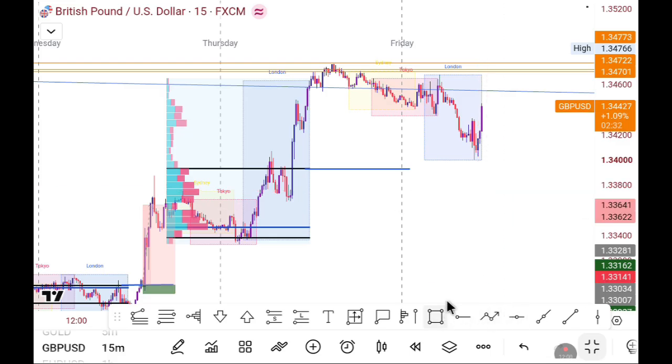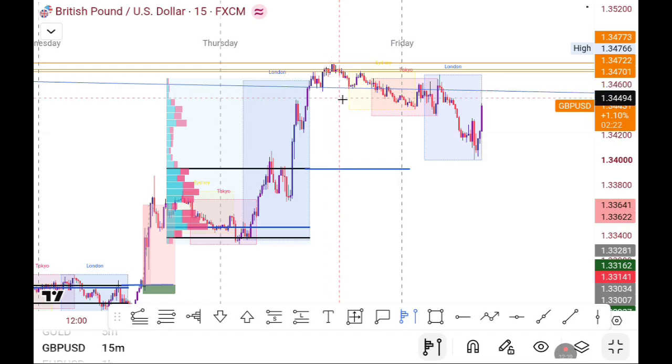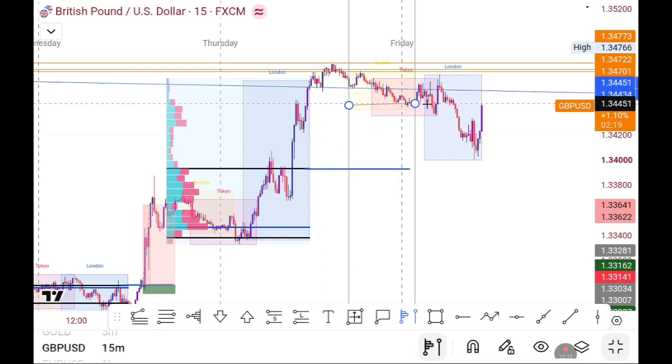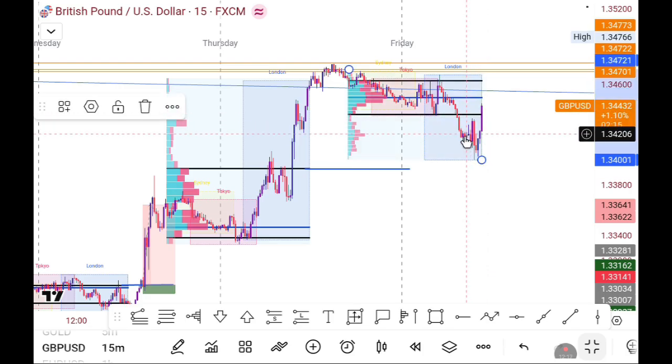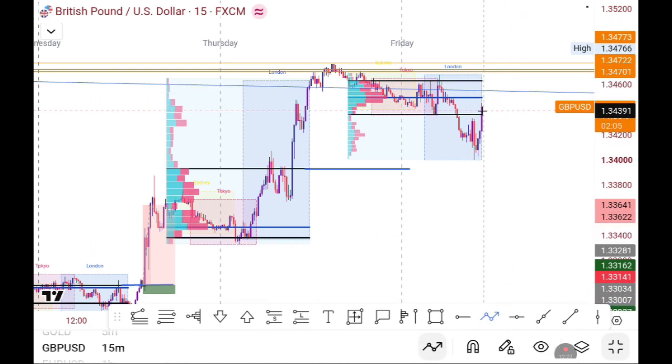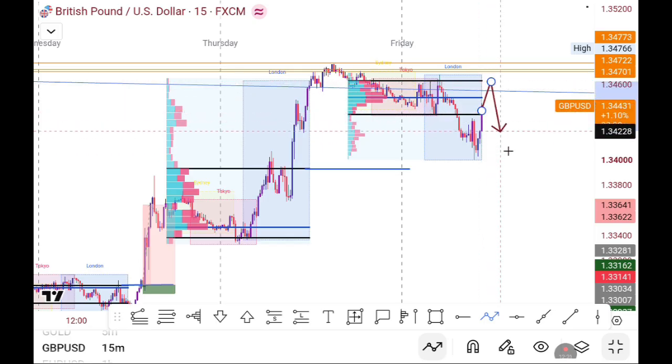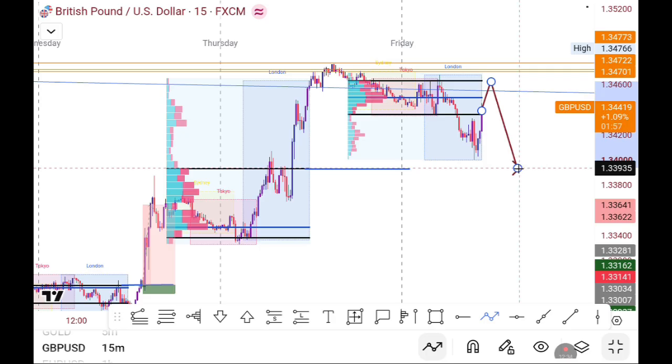Let's see. The market has not yet closed, but once it closes, I hope it gives us our support. It might give us something, but the London session is not yet finished. So it's on our inside. I'm hoping that this candle right here comes from here, taps this area and heads down to this point.